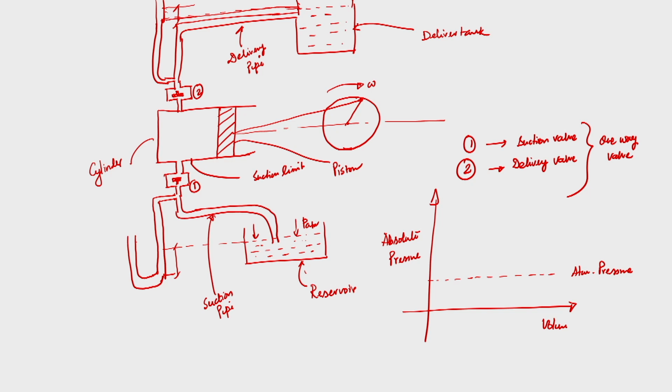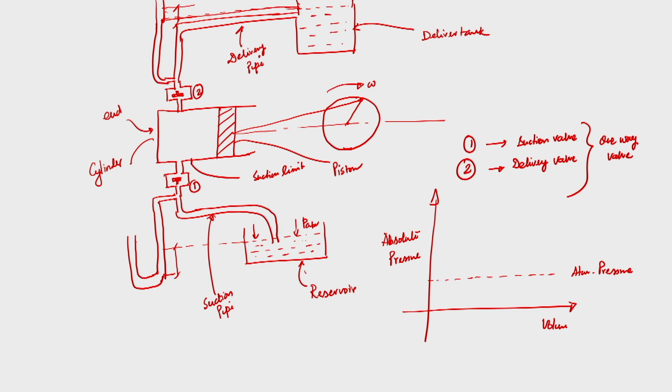As I said, valve 1 is the suction valve and valve 2 is the delivery valve, and both the valves are one way valves. Now, initially when I bring the piston from the suction limit towards the outer side, from the piston end, this is the end of the cylinder.